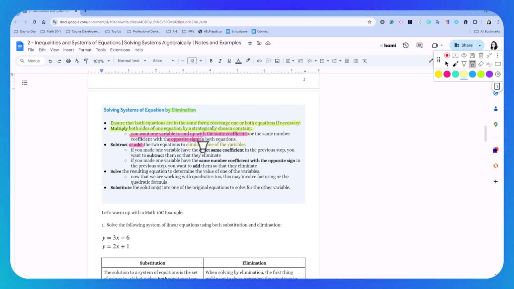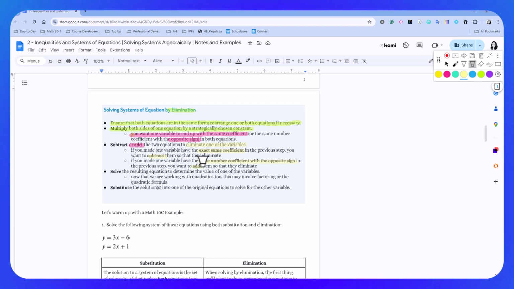If you make the variables have the exact same coefficient from the previous step using that specially chosen constant, we're going to subtract. And if you make them opposites, so they have the same number but opposite signs, we're going to add them.